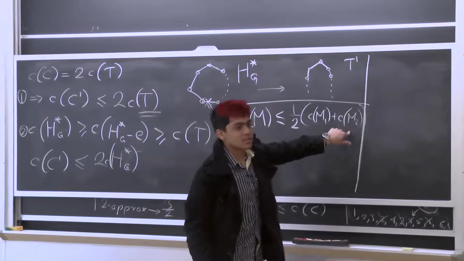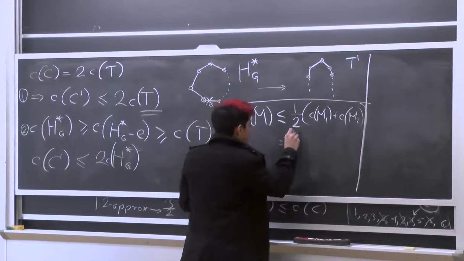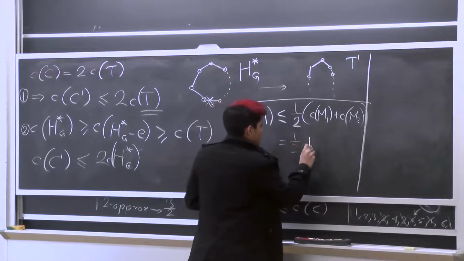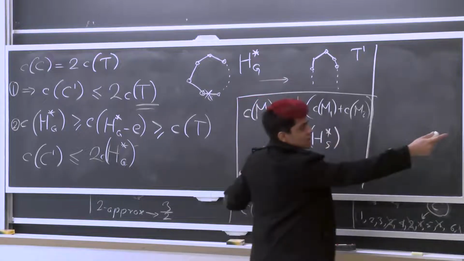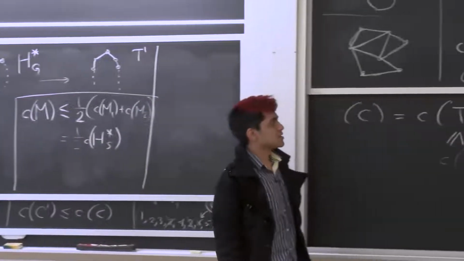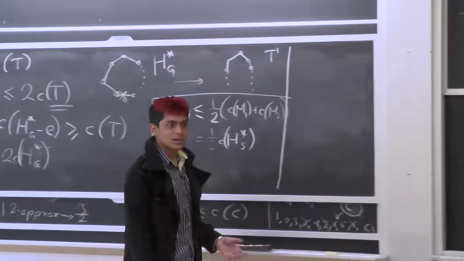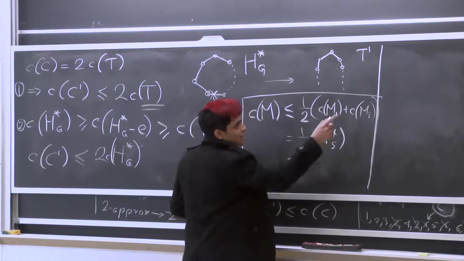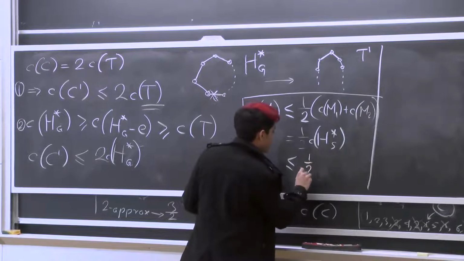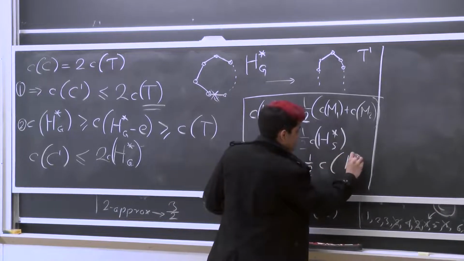But what is cost of M1 and cost of M2? This is nothing but half cost of h star of s, right? Because the Hamiltonian cycle is constructed from M1 and M2. And by our lemma, this is less than or equal to half cost of h star of g.